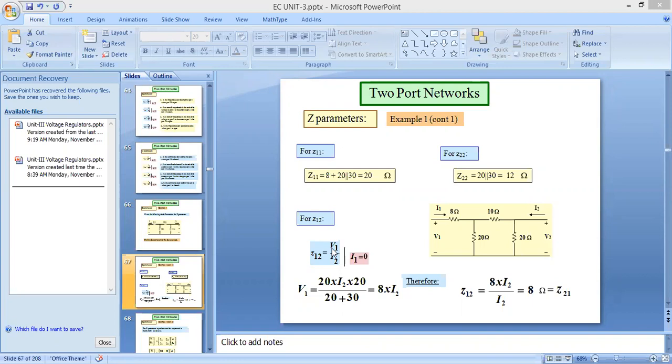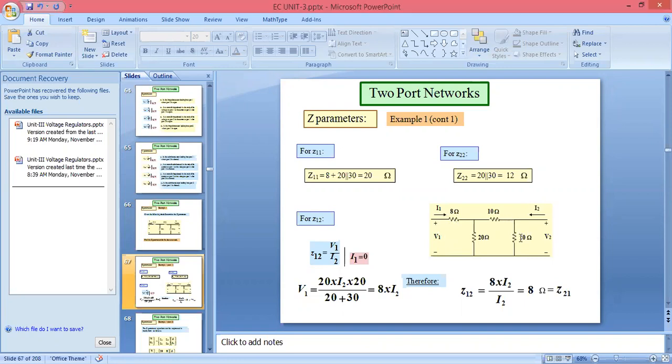We can calculate the value of voltage across that 20. 10 and 20 will be in series. We are not considering this because we are considering this as open circuit. So that 20 plus 10 will be 30. We are supposed to use the voltage divider here. The total voltage we do not know, so what can we do?